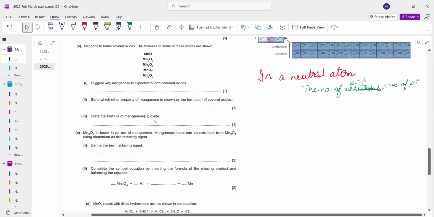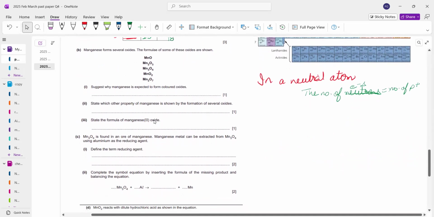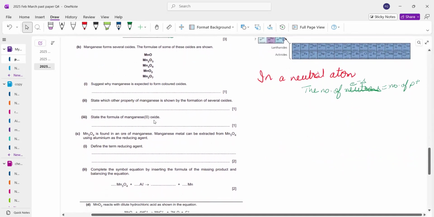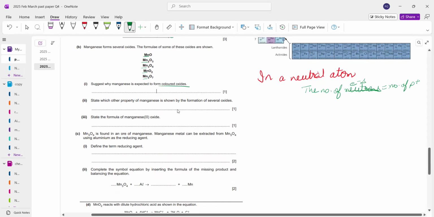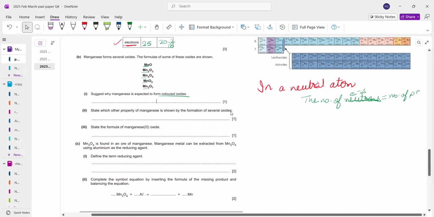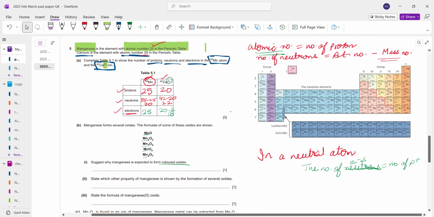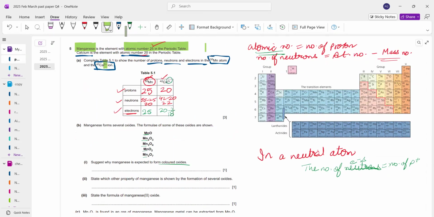For the next part, manganese forms several oxides. Yes, the symbol of manganese is Mn, and we can see different oxides being formed here. The formula of some of the oxides is shown. Suggest why manganese is expected to form colored oxides. Now, this is super simple. You know what? Manganese is a transition element. If you see the periodic table, this part of the periodic table is representing the transition elements.